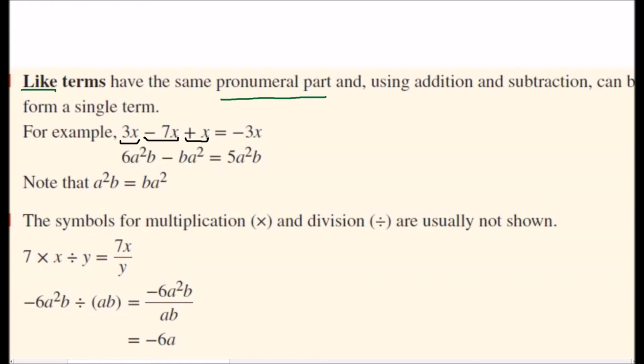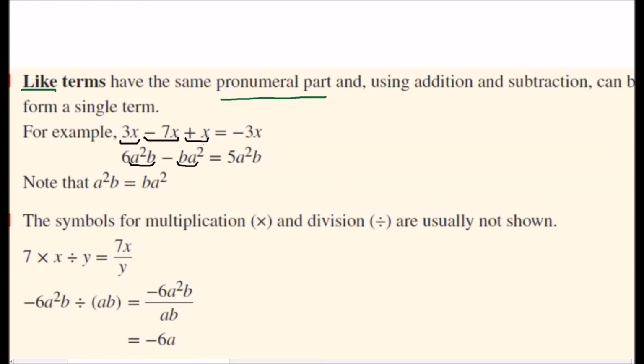Or the same group of terms that are exactly the same. In this case, you might think a squared b and ba squared are different, but they're actually the same, because whether you put the b in front or in the back, you still have an a squared and a single b. So they're still exactly the same.